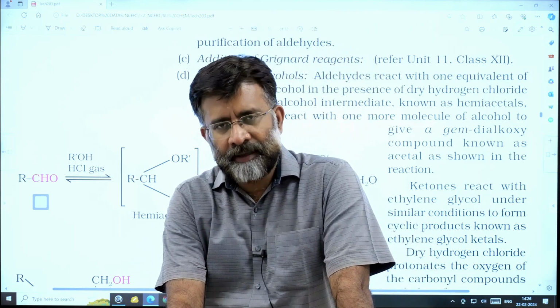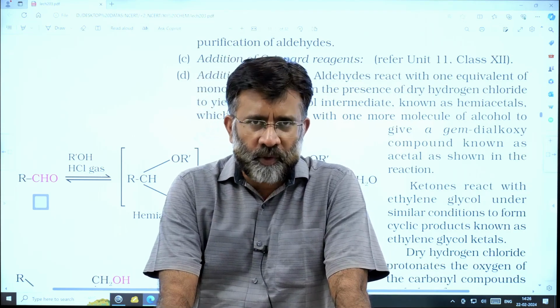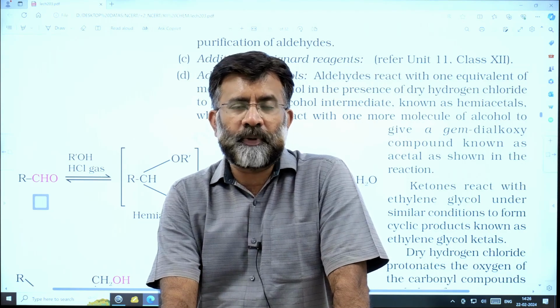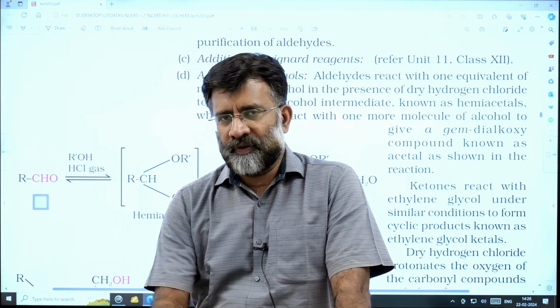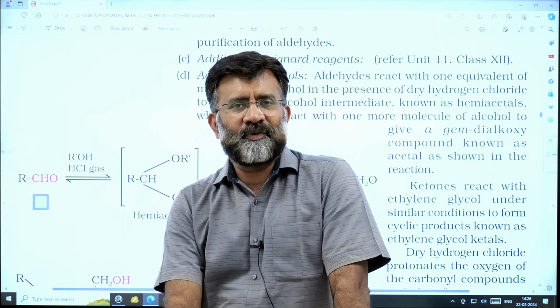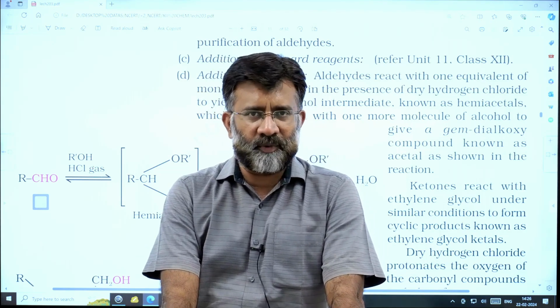Dry HCl gas is sufficient to protonate the oxo group oxygen, thereby facilitating greater C plus charge, which facilitates the nucleophilic addition over the carbonyl carbon.